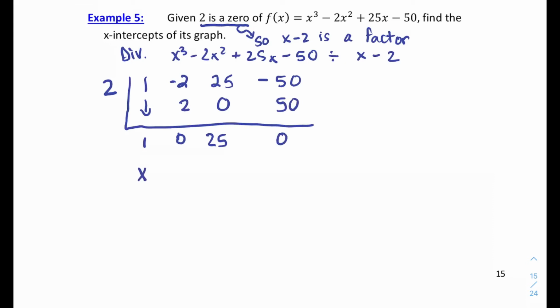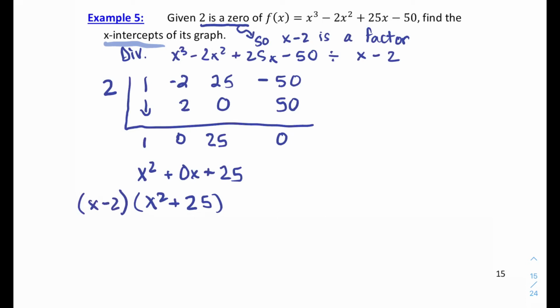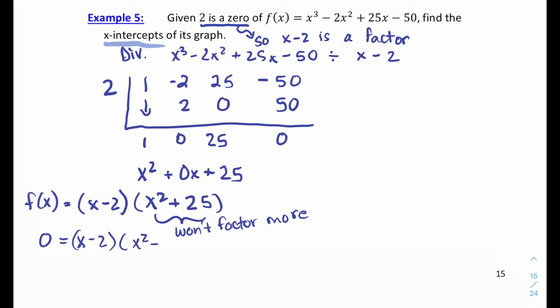Well, our middle term ended up being 0x, and then plus 25, no remainder. So we got x squared plus 25 times our factor of x minus 2 is equal to our original expression. Now, if I want to find the x-intercepts of that expression, it's easier now to figure out where it's equal to 0. So if I set that equal to 0, then I'm going to end up with an x value equal to 2.